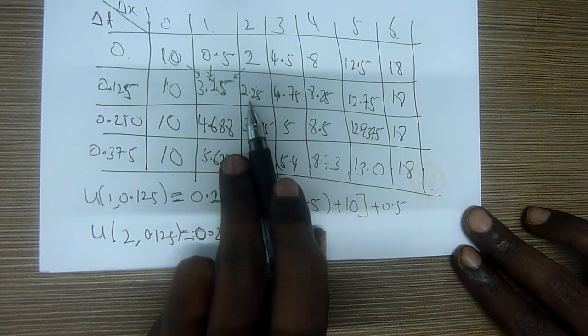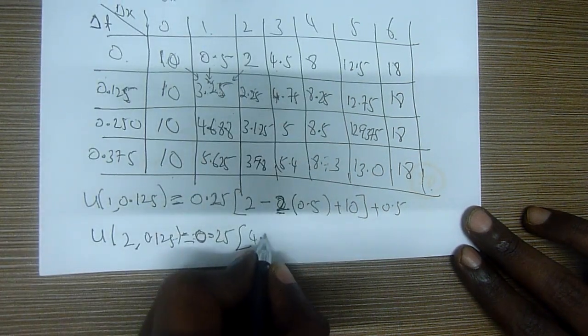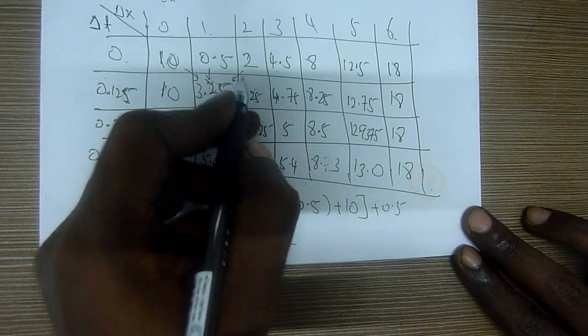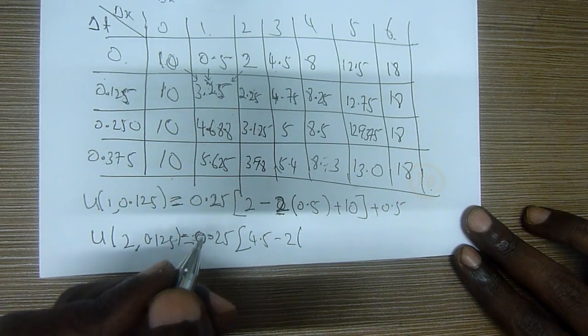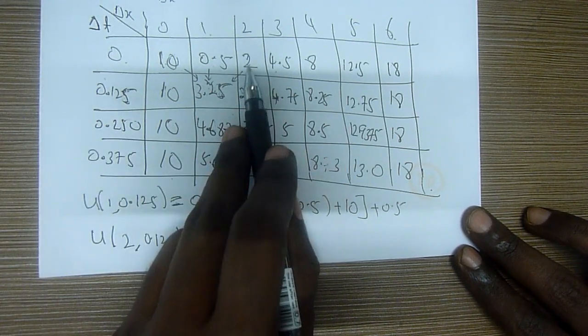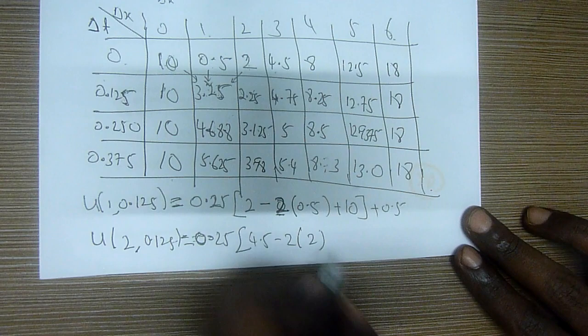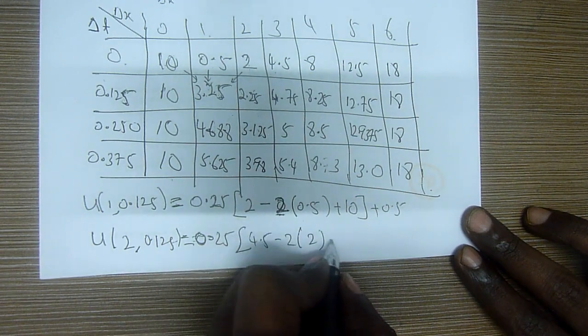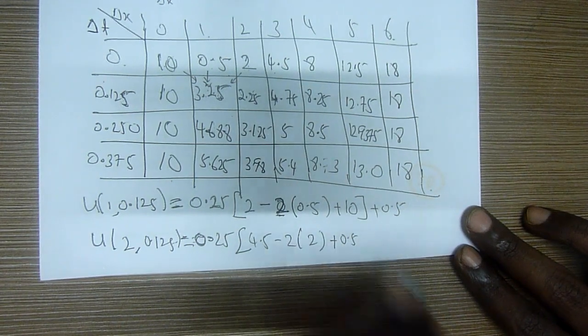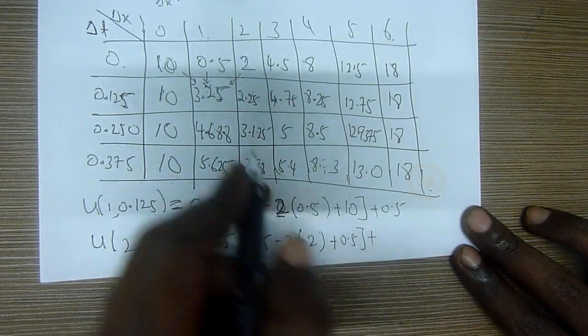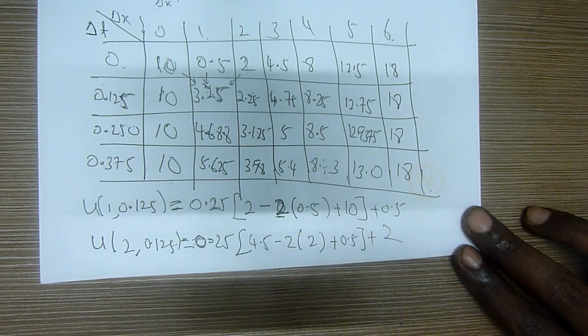Pull this 4.5, 2, 8, 2, this one, 2, plus 0.5 plus 2.